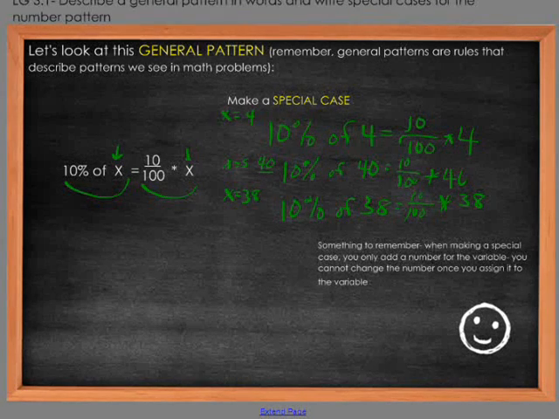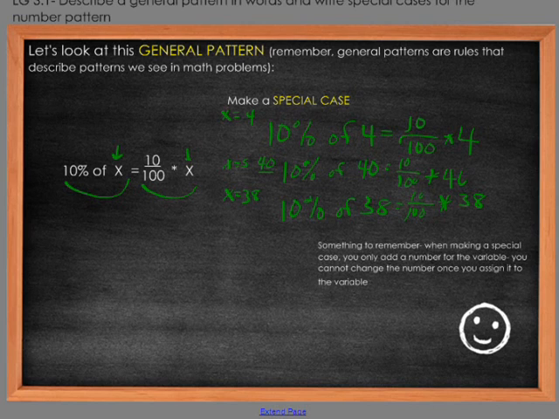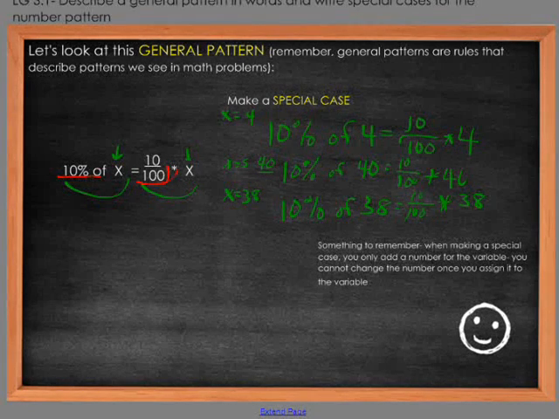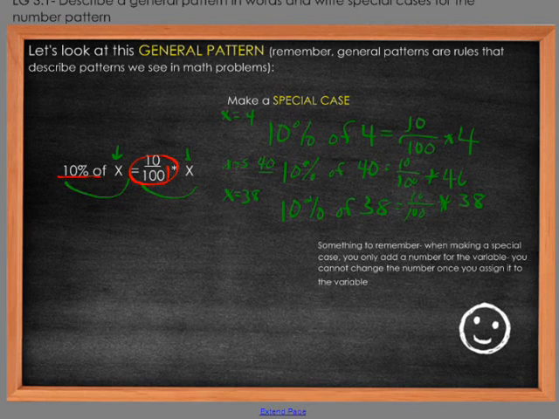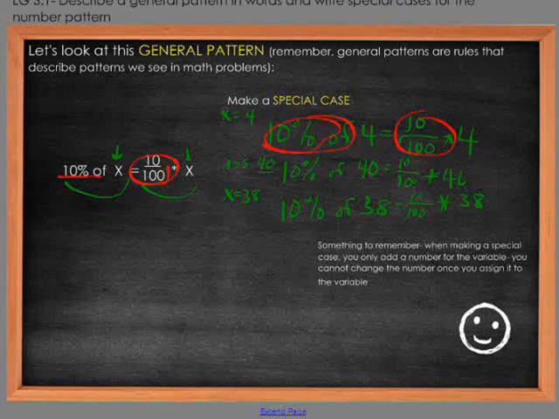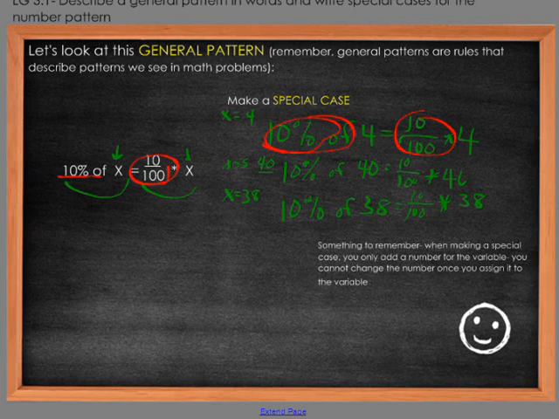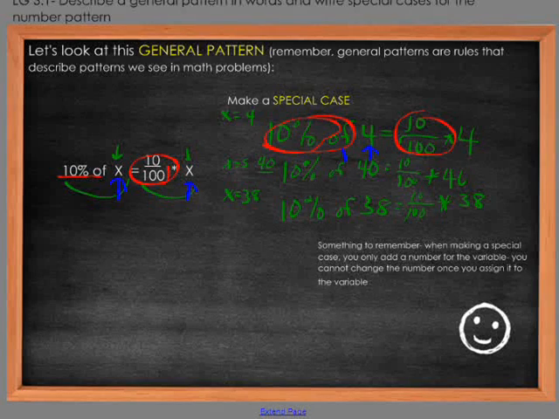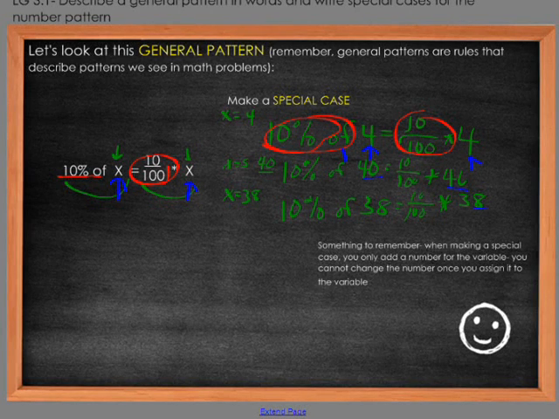So when I took a general pattern and made it into a special case, you can see I kept everything that didn't change, or that were numbers, constant, 10% of, and that. And the only part I changed was I put in my variable in each of these.